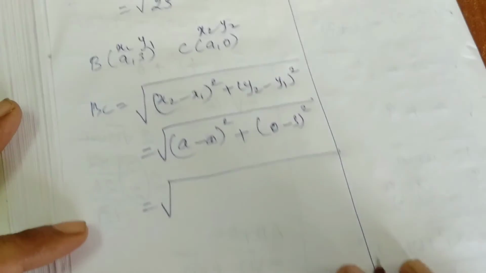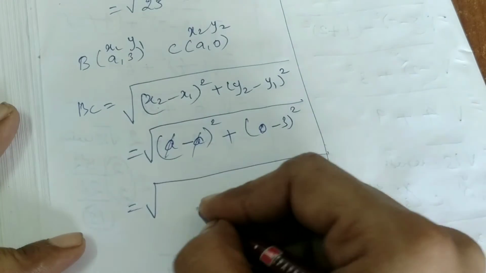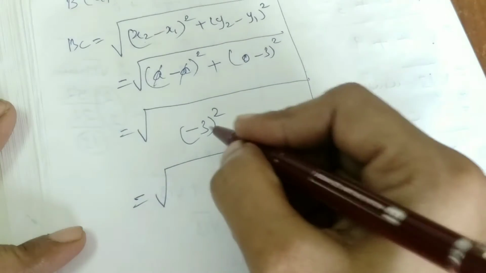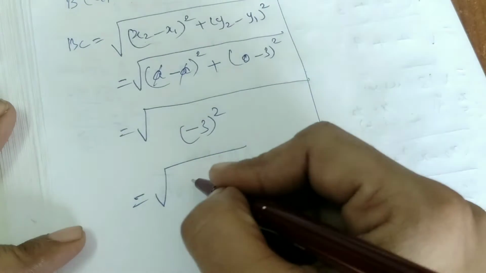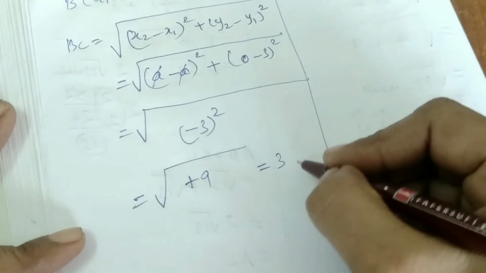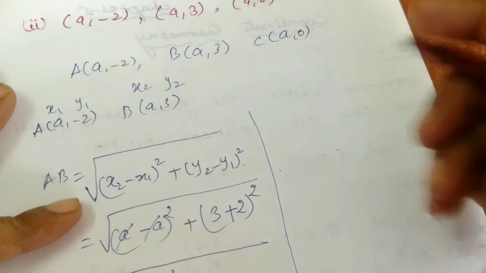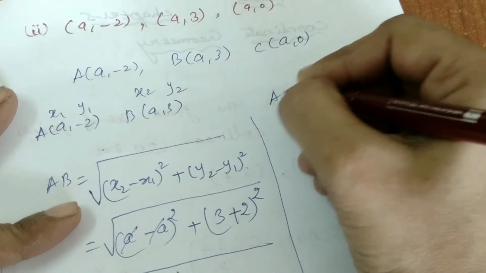These two A's get cancelled. So 0 minus 3 is nothing but minus 3, the whole square. Minus 3 the whole square means minus into minus plus, 9. Square root of 9 is nothing but 3 units.